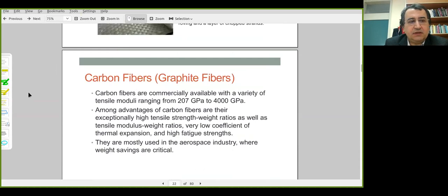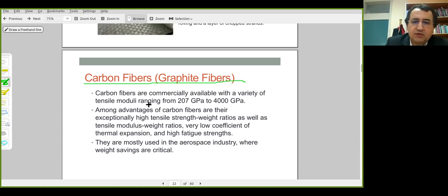The second group of fibers we can consider are carbon fibers, or graphite fibers. Carbon fibers are stronger materials, as I mentioned.